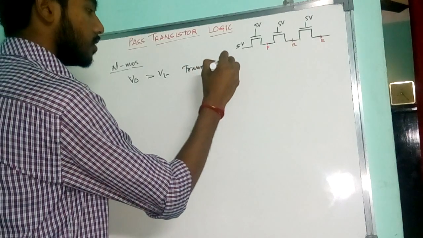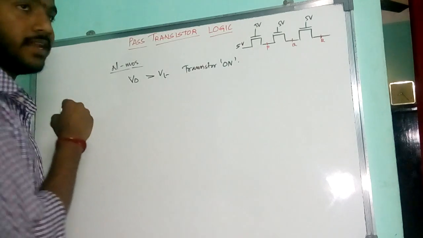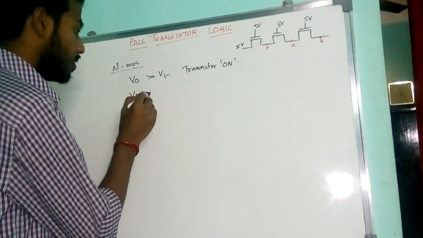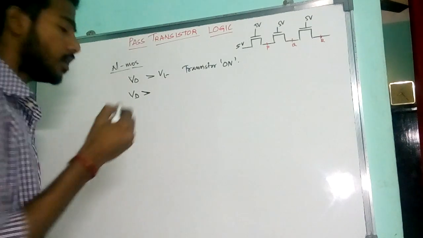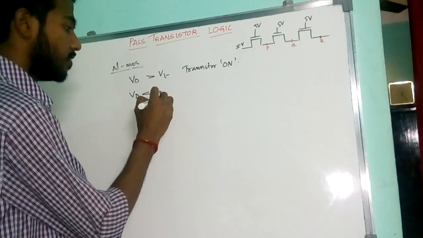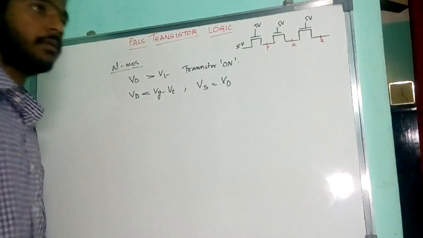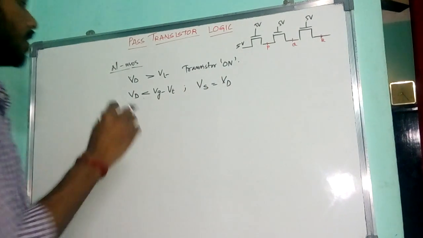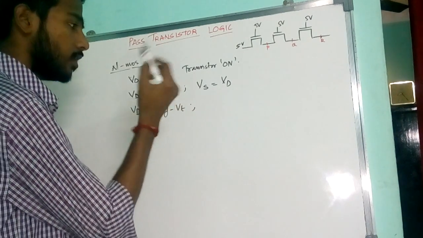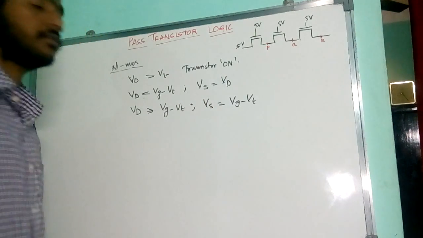Next condition is whenever my VD is less than Vg minus Vt, then my source voltage will be my drain voltage itself. And whenever my drain voltage is greater than or equal to Vg minus Vt, then my source voltage will be Vg minus Vt only.